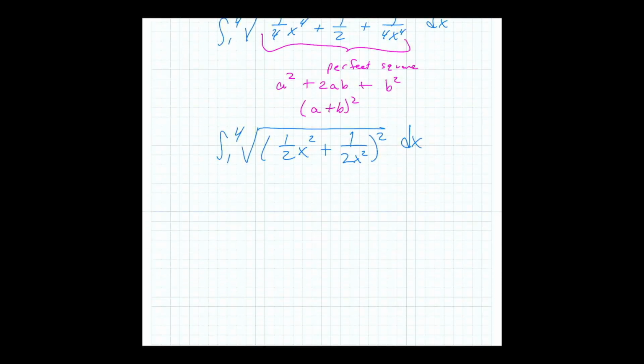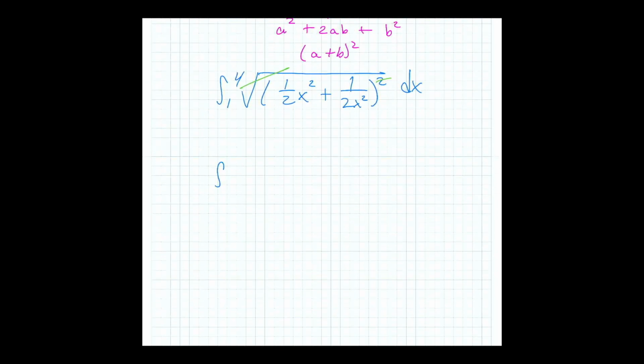Okay, so at this point, we get to where we want to cancel this square root with a square. And we end up with the integral from 1 to 4, cancel the square root with the square, so we're left with just parentheses 1/2 x squared plus 1 over 2x squared, but I'm going to write it this way, 1 over 2x to the negative 2.